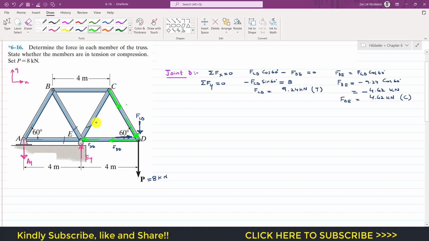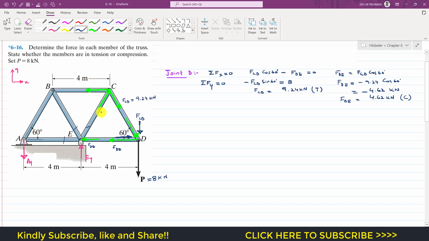Let's assume that this CE member is in compression, so its force needs to be acting towards this joint C. And let's say that this BC member is in tension, so its force will be acting in this direction. FCD magnitude is 9.24 kilonewton.